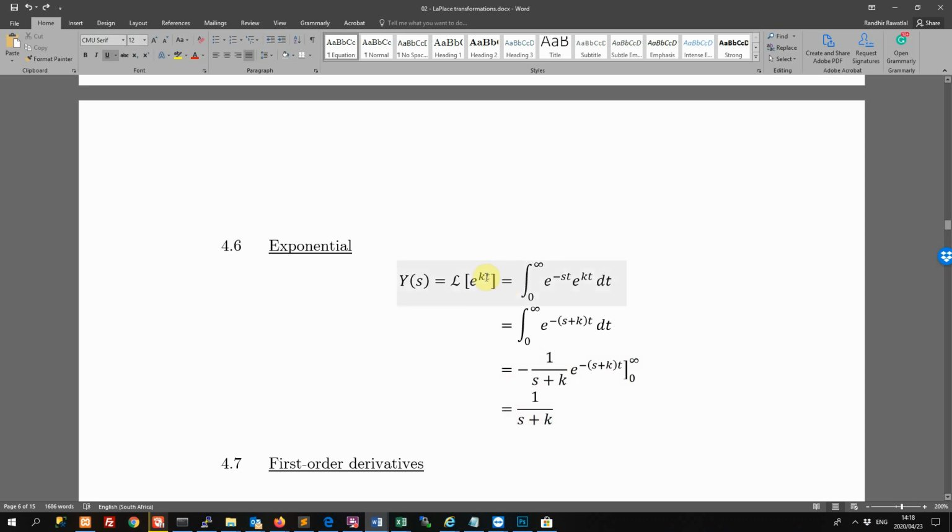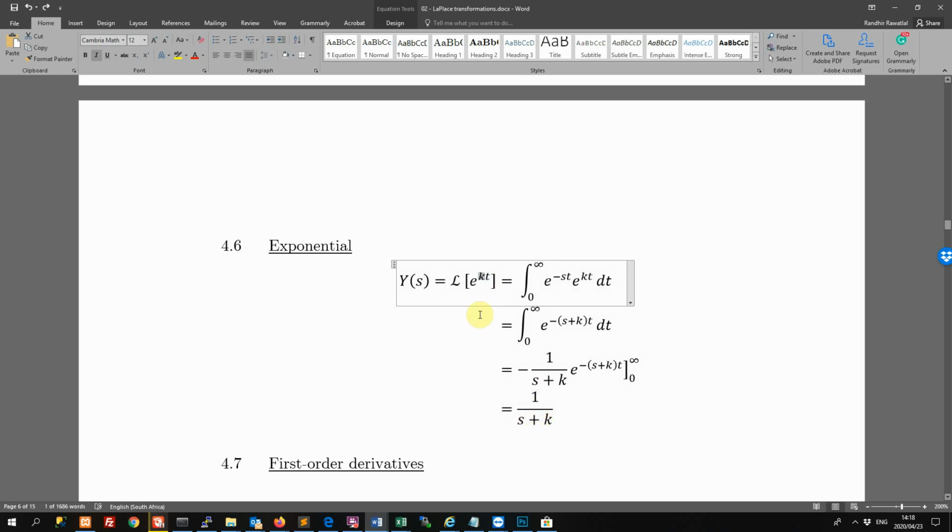So for the exponential itself, we have 1 over s plus k. And this is quite an important one. We'll often see ourselves using this transformation. It's extremely useful. And just to comment on it a bit more, if you have a time function, the constant of that time function appears in the denominator as s plus k.